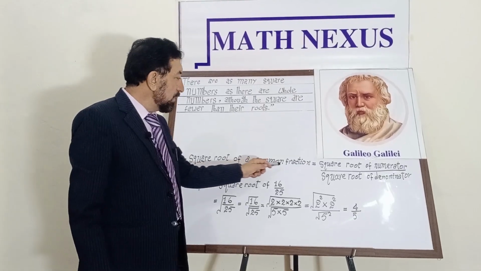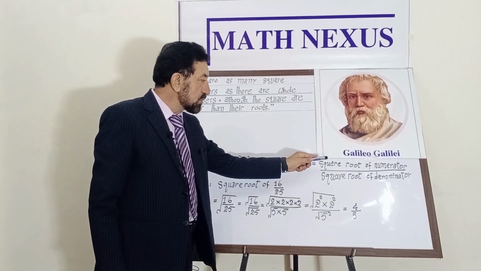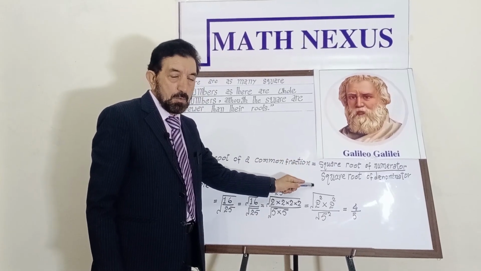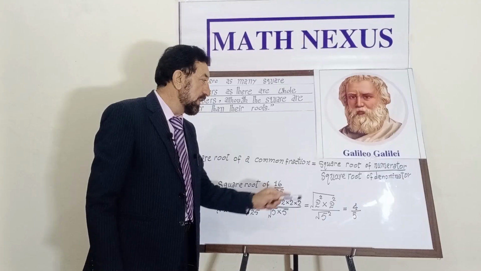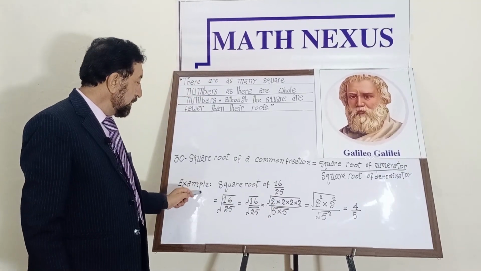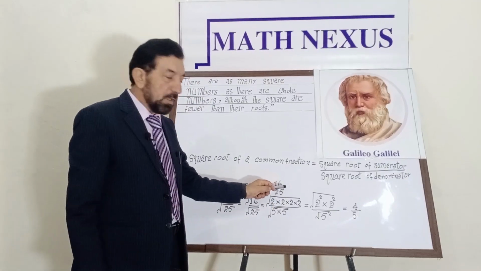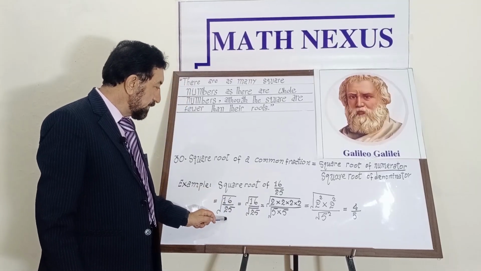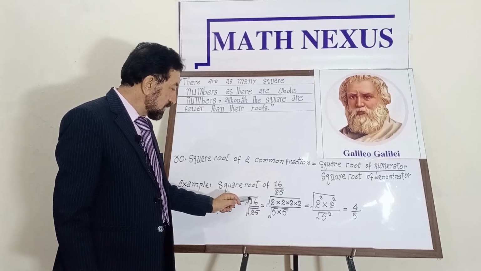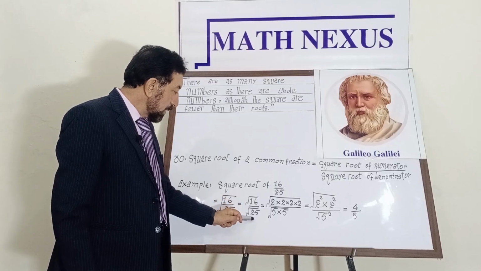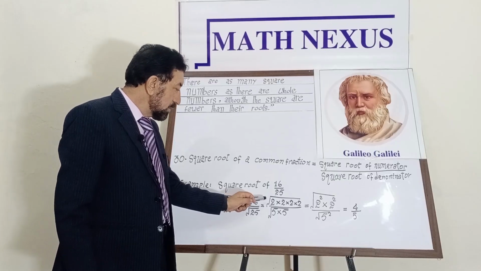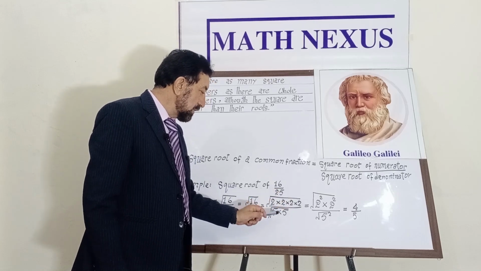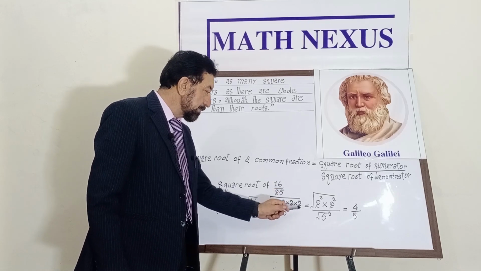Rule number 30. The square root of a common fraction equals the square root of the numerator upon the square root of the denominator. Example, square root of 16 upon 25 equals root 16 upon root 25. 2 2s are 4, 4 2s are 8, 8 2s are 16, 5 5s are 25.